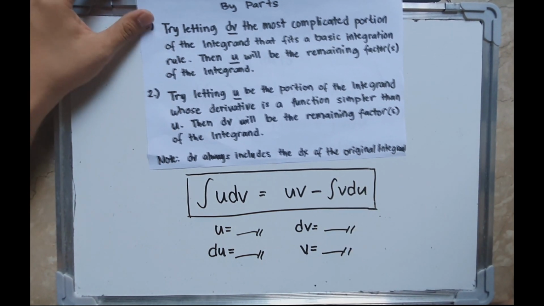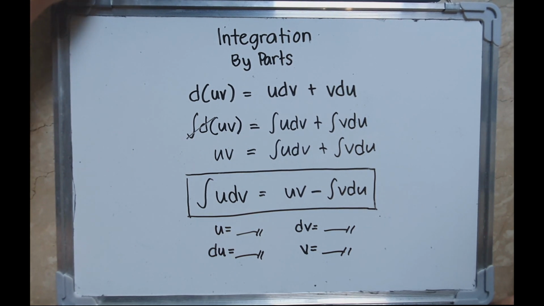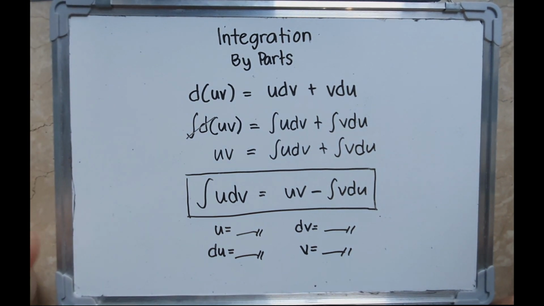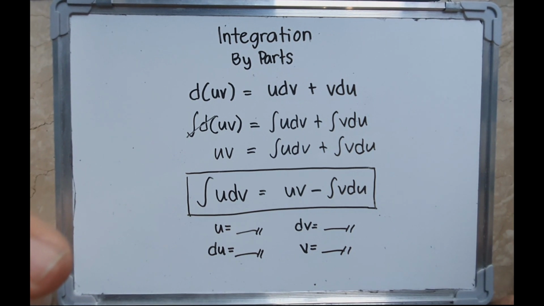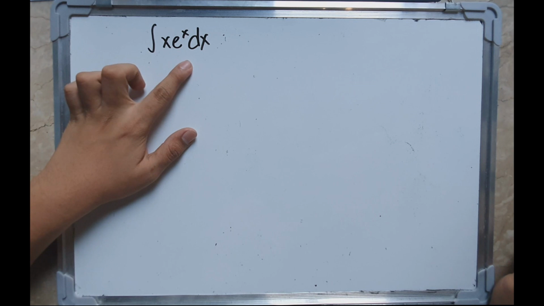Note, dv always includes dx of the original integrand. Okay, so this is how we're going to solve items here at integration by parts. And let's have the integral of x e raised to the power of x dx. Most students will try to use the trial and error method in assigning u and dv.